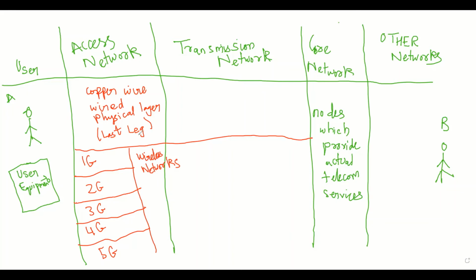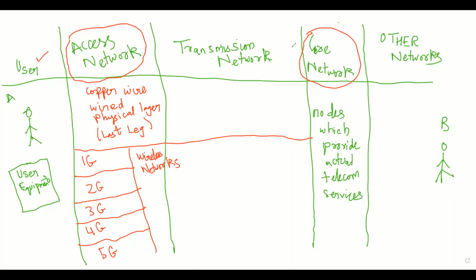So think of it this way: the access network is the part of the network that allows this user to access the actual services, the core services that a telecom network is delivering, like voice call, data, internet, a multimedia call, and so on and so forth.